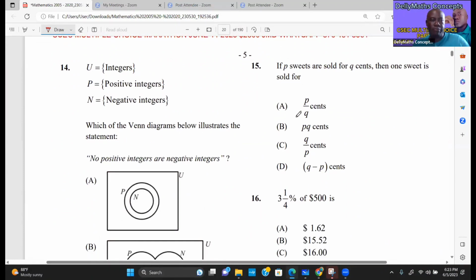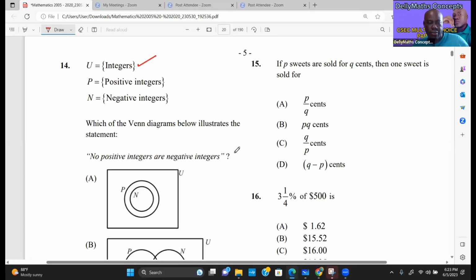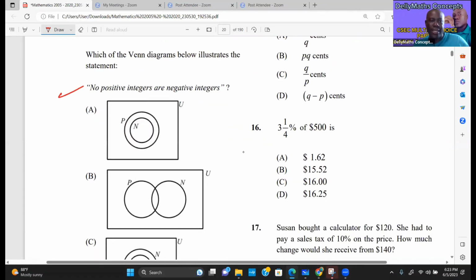For this one, U refers to integers, and integers are negative numbers, positive numbers without decimal or fraction attached to it. If you go on your regular number line, you're looking at integers. Which of the Venn diagrams below illustrates the statement? Here's the statement. Pay attention. No positive integer is a negative integer.